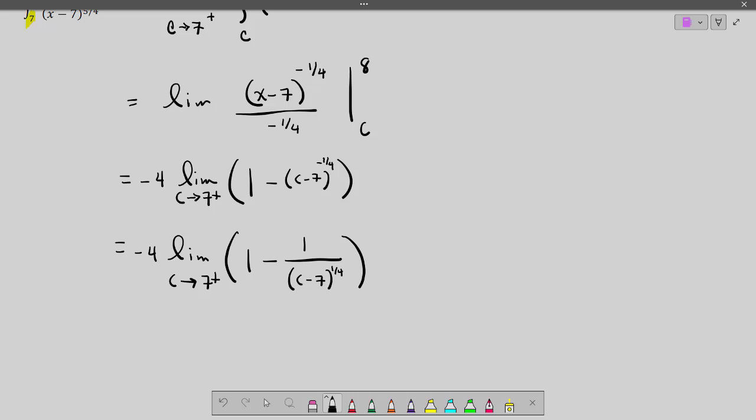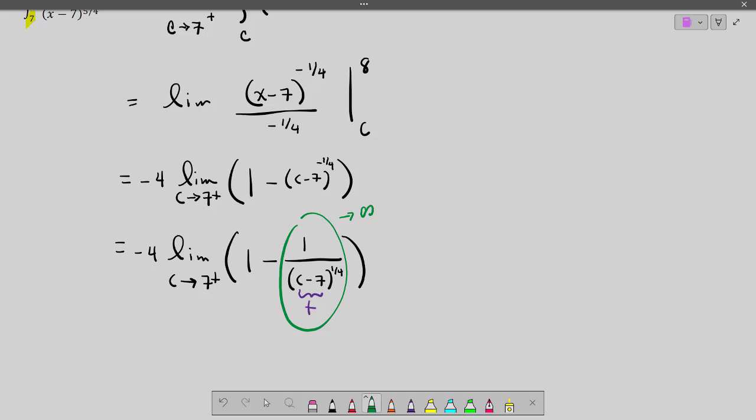Okay, so let's think about that. So c is going to 7 from the right. So we're thinking 7.1, 7.01, 7.001, etc. So this is always positive, correct? So we're approaching 7 from the right, that's always positive. But it's going to 0. So this part is going to 0, which means this part is going to positive infinity, because this is always positive, and it's going to 0.